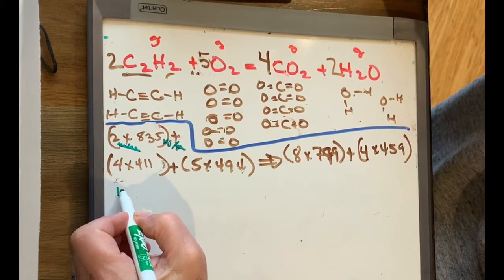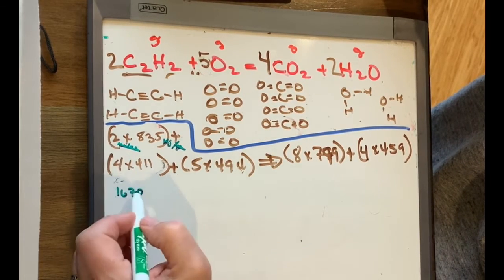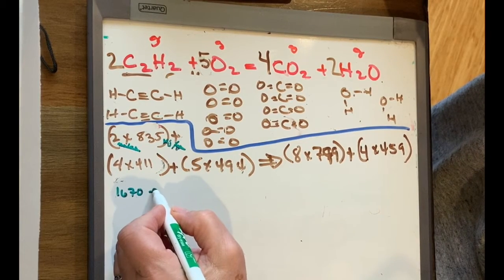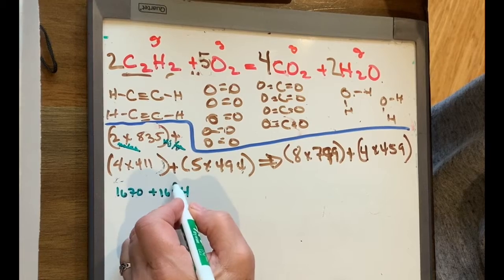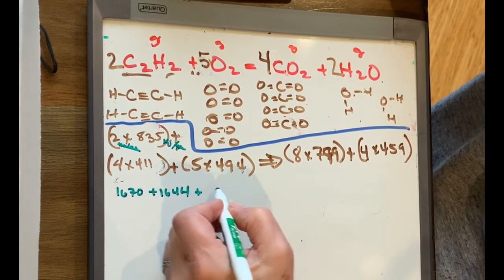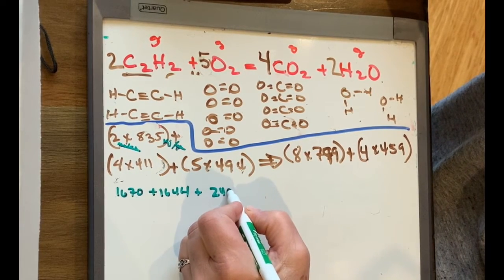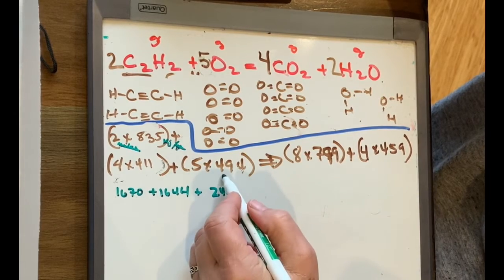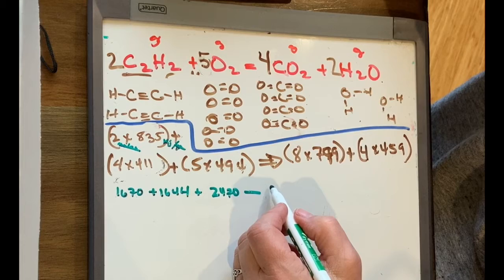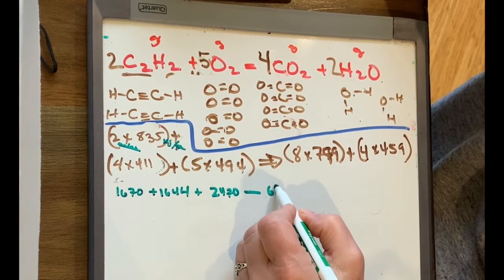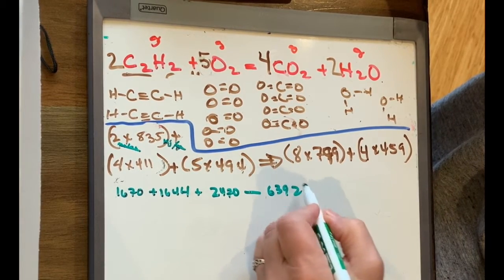I have 1670, that comes from this guy, plus 1644, that comes from this guy, plus 2470, that comes from this guy. This becomes a minus, so we're going to just go ahead and multiply that out. It's 6392, that's this guy.